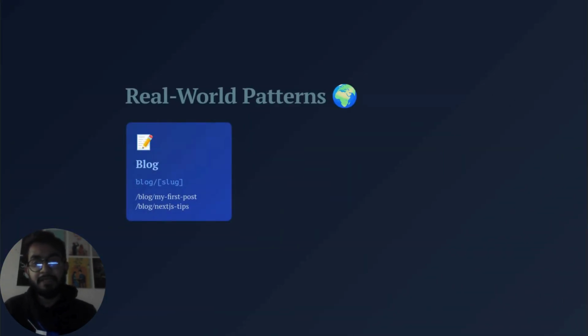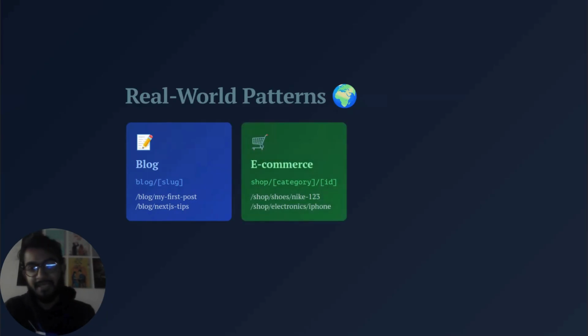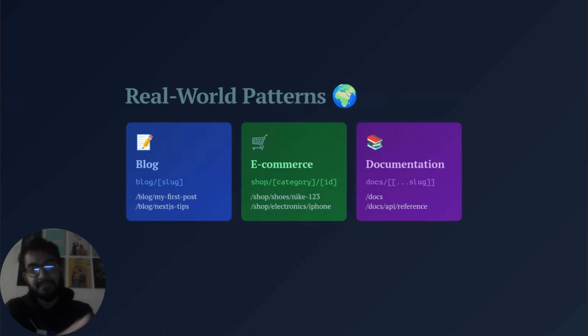In real world patterns, for a blog site, you can use this single slug. For an e-commerce site, like category id, you can define the slug like this.